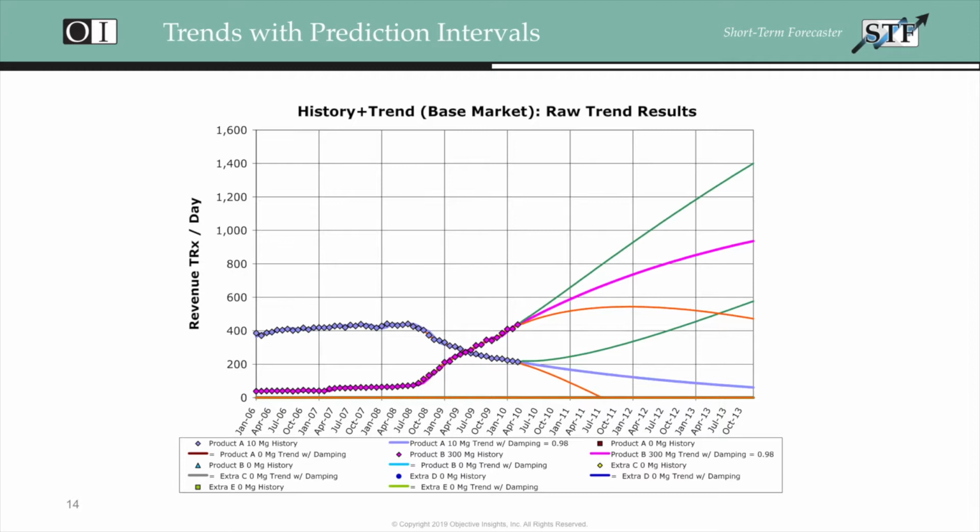This next graph is showing the trends for two products in detail, and for each of these you'll notice a few key points. One is that the trend is flattening a little bit. That's because it's damped. And then the other is there's a high end and a low end on the graph. It's a green line and an orange line, and these are the prediction intervals. They're like confidence intervals, but they're in the future, so they're called prediction intervals, and we will talk about those in more detail.